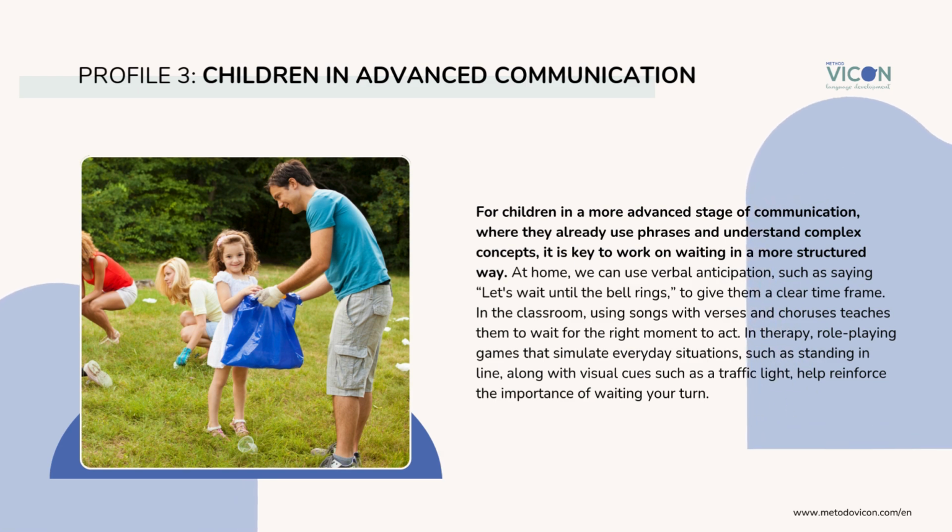In therapy, we can do role-playing games, simulating a real-life situation where the child has to wait their turn to participate. For example, in an activity where they pretend to stand in line, the child can visually see other children waiting for their turn, reinforcing the idea that everyone has to wait their turn to participate.